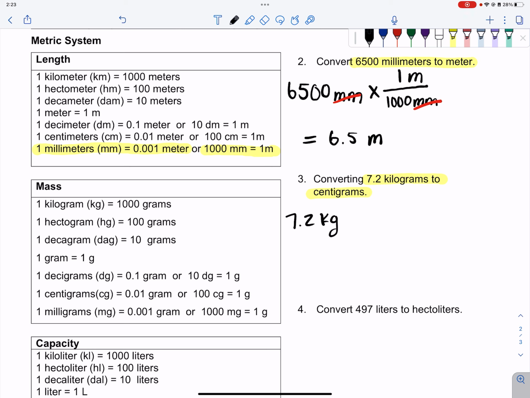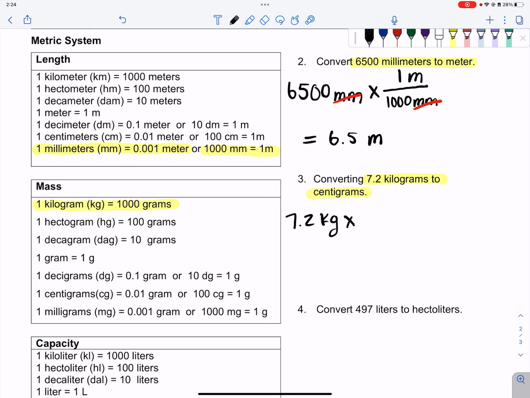And I have kilograms to grams on the first one, but I don't see anything kilograms to centigrams. So this means I'm going to have to do this in 2 steps. I am first going to get my kilograms into grams because I have that conversion, and then I can take those grams and put that into centigrams.